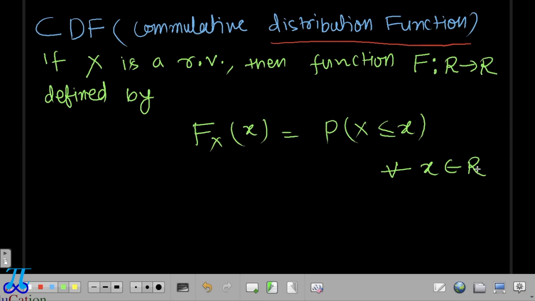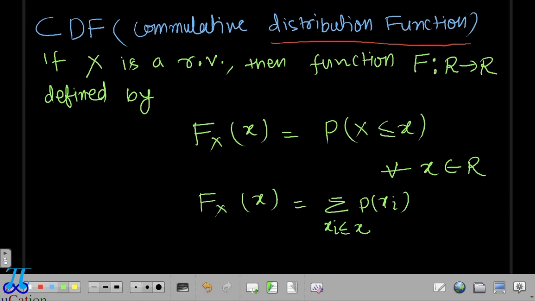So our cumulative distribution function is basically this mathematical relationship between the probability of the random variable and a real number. This is for the continuous case. In the discrete case, you can see that F of x is equal to the summation of p of xi for xi less than or equal to x.